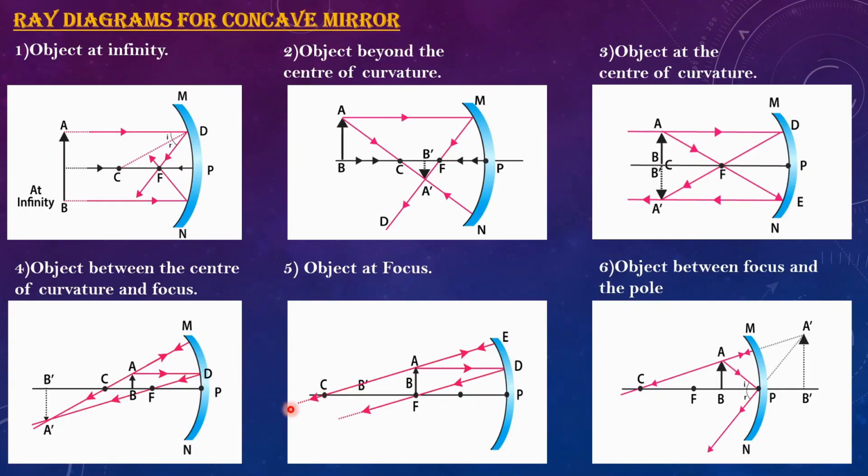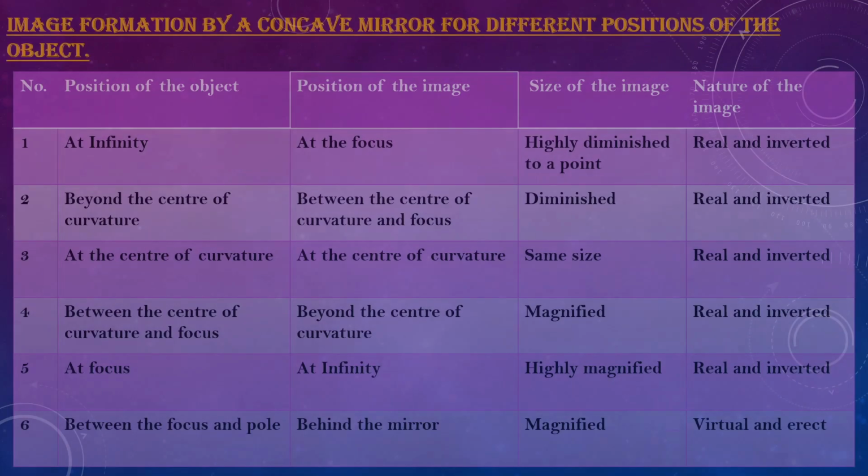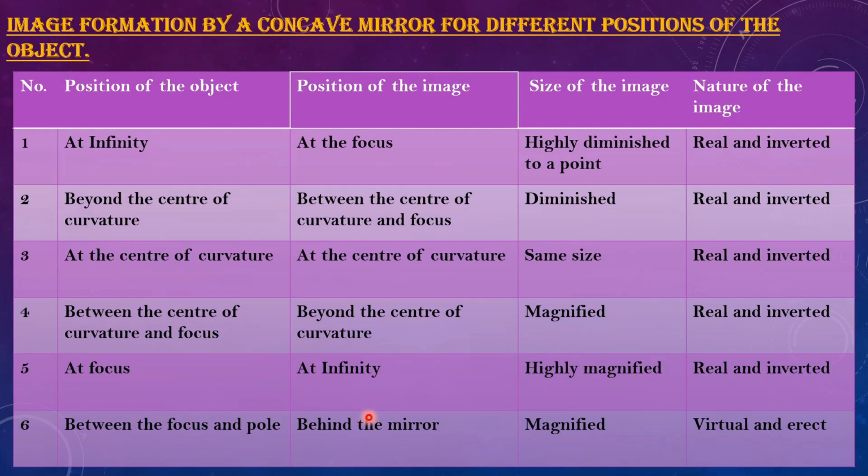This is the diagram for that. The object is at focus, and the image formed is at infinity, which is highly magnified, and it is also real and inverted.